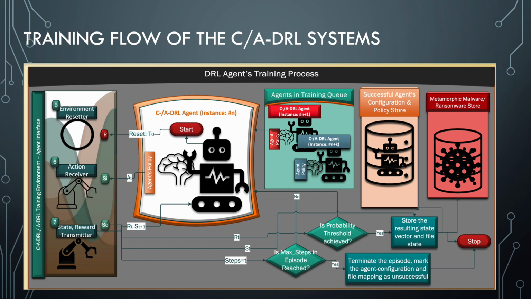And if an agent is able to successfully converge into a successful metamorphic variant for multiple files consecutively, then that agent is called a successful agent, and its policy per se is stored in a successful agent configuration or the policy store.